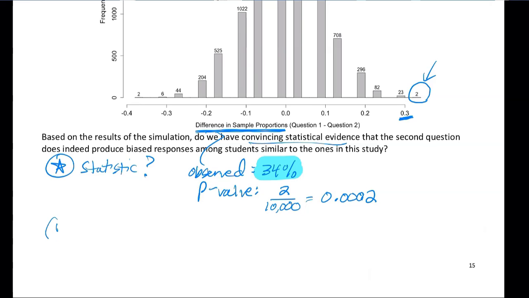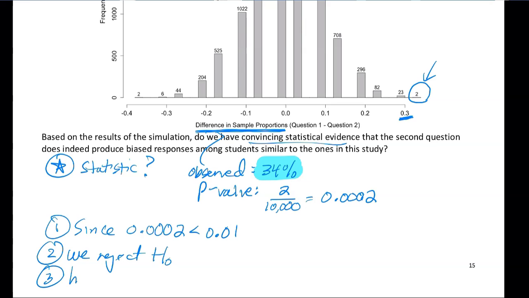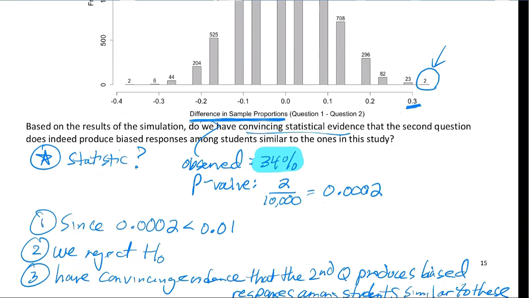So do we have convincing evidence? We would conclude, since we have a very, very small p-value, it's less than any alpha level. I'll just pick 1%. We reject the null, and we do have convincing evidence. We do have convincing evidence that the second question produces biased responses among students similar to these.